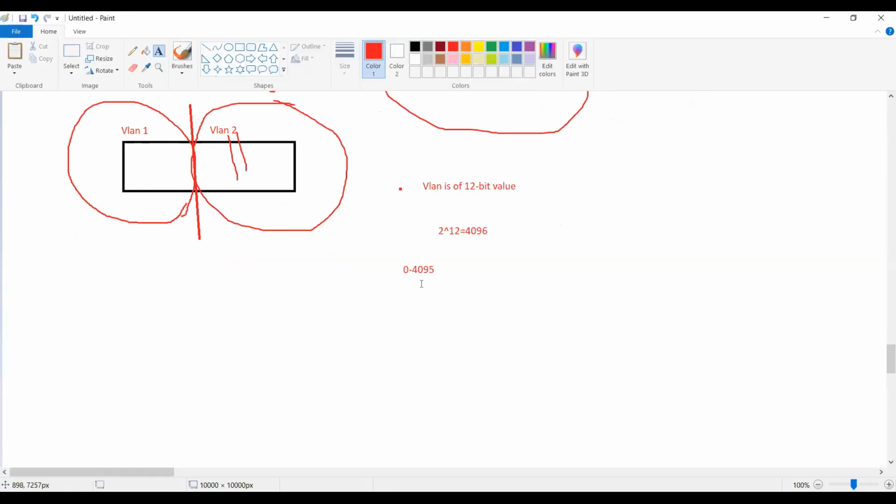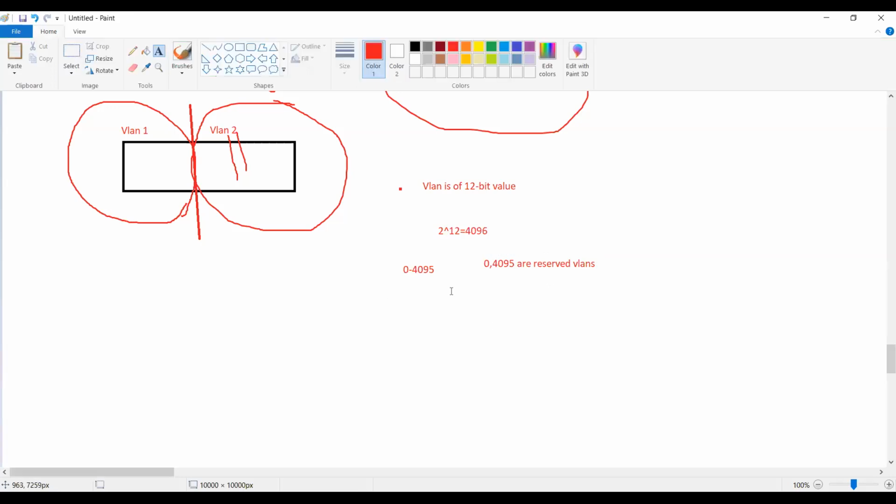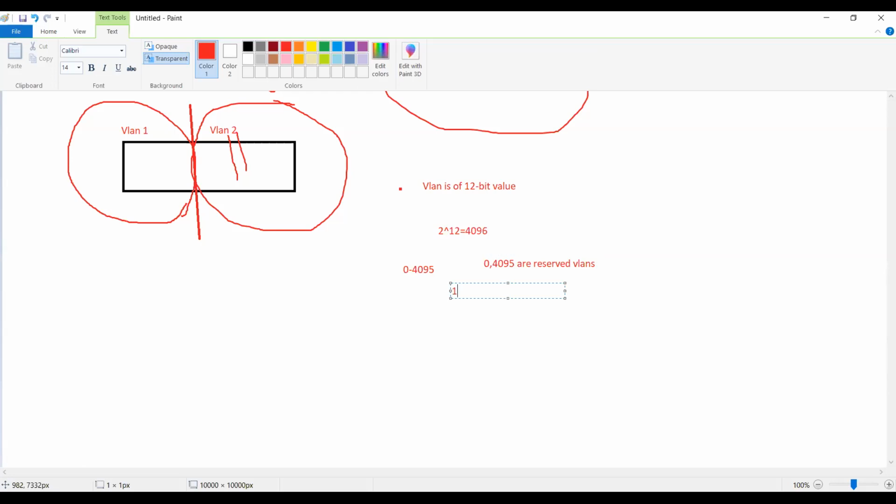Now, this is the range of VLANs. 0 and 4095 are reserved VLANs. Now, what are remaining? 1 to 4094. Again, 1 is the default VLAN.